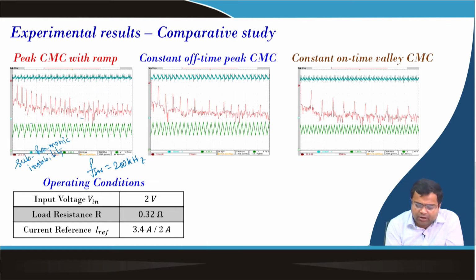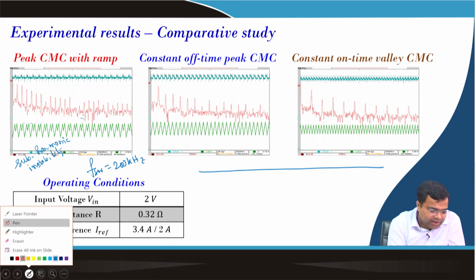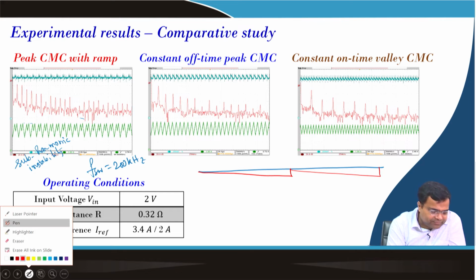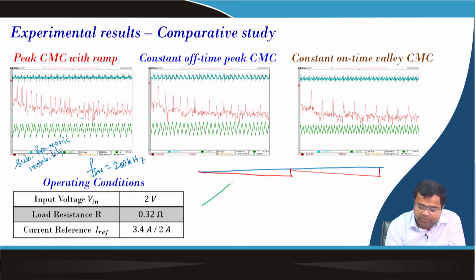Why? Because this is without ramp, and now with ramp we will have something like this. Now, you have a current loop instability problem here.